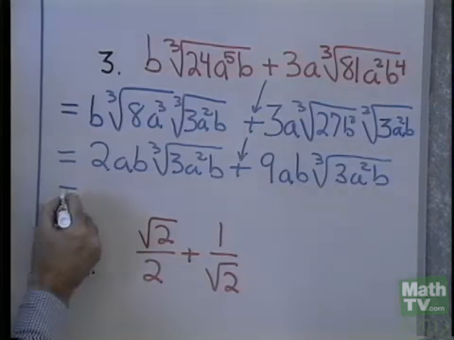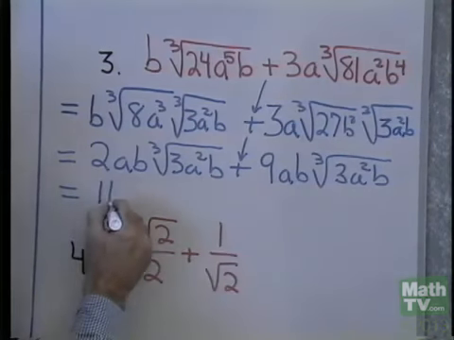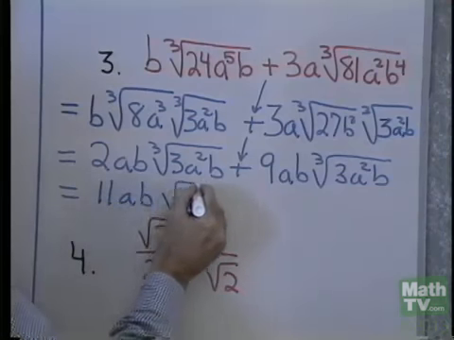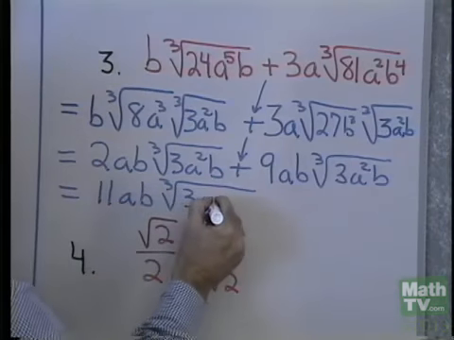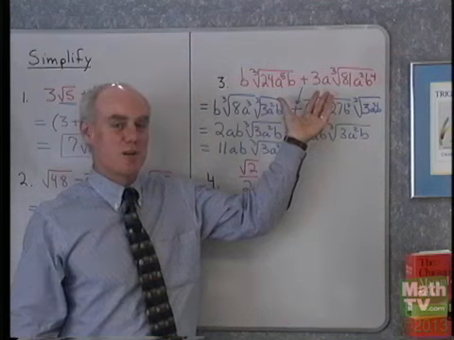So now you can see I have similar radicals. I can combine them. 2ab plus 9ab will be 11ab cube root 3a squared b. So that's the simplified version of this original expression right here.